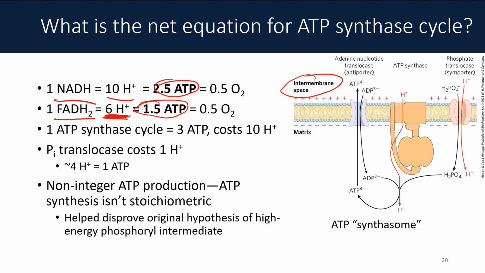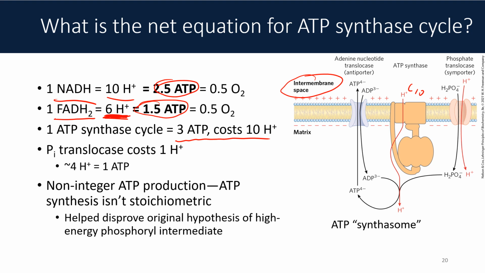So remember that the rotor c10 has 10 subunits, and 10 protons are going to cause 1 complete rotation. There are 3 beta sites, each with the potential of making an ATP. So 3 ATP equals 10 protons.